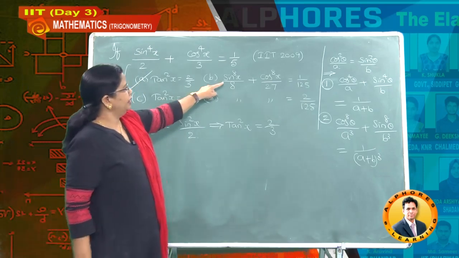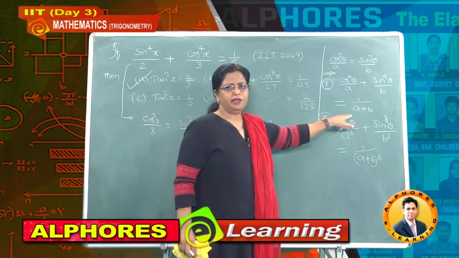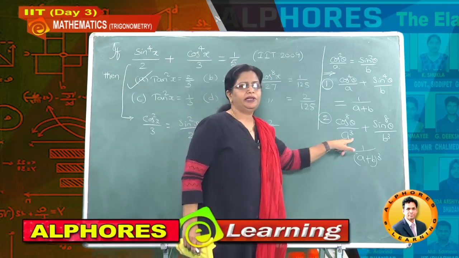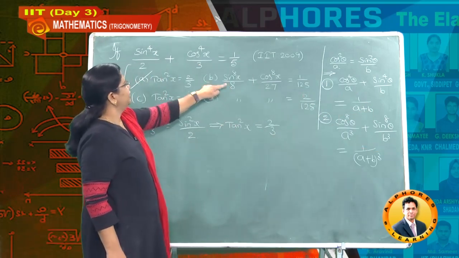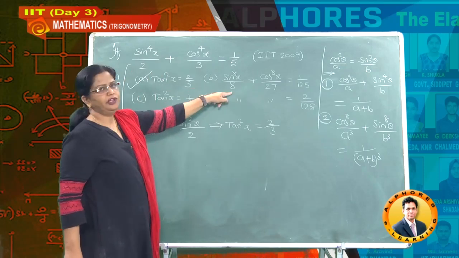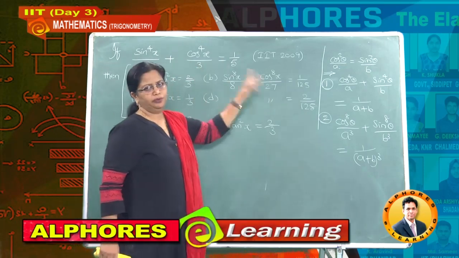Next one. 8 is here, 8 is here. So observe here 8 and in denominator a cube and b cube terms exist. So this is nothing but you find here 2 cube, and this one is nothing but exactly 3 cube.